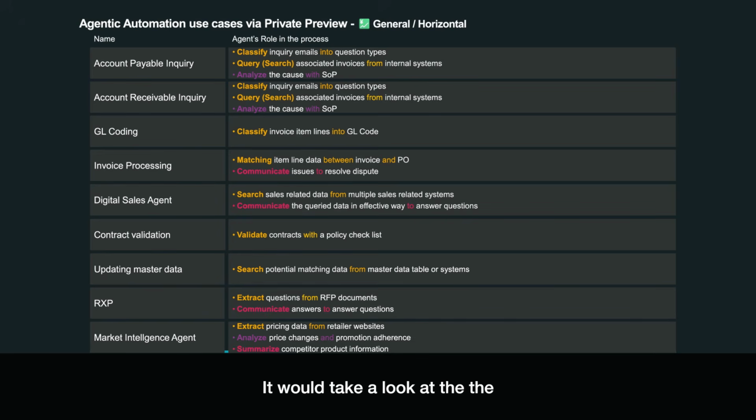It would look at previous RFP records as a reference. It would even do the research, and all the agents will collect the data points and create the tailored response, so the likelihood of winning the competition is going to be higher.